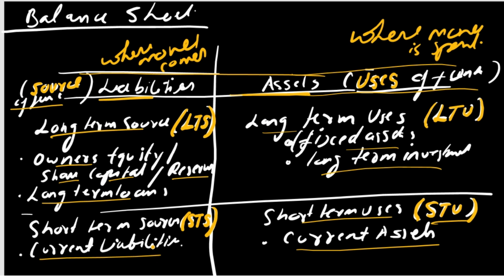On the asset side, which is use of funds, we have first long-term uses, LTU, like fixed assets, long-term investments, etc. Below that, you have short-term uses, STU, which is basically current assets. So every balance sheet can be classified into four terms as per Dr. Anil Lamba: LTS and STS on the liability side, and LTU and STU on the asset side.